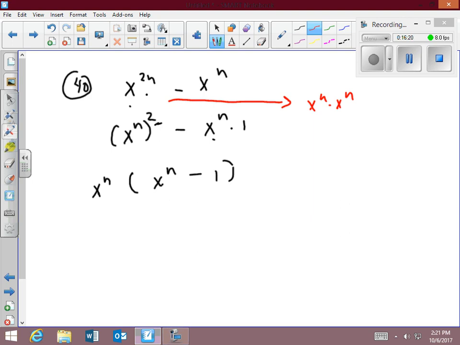That'd be x to the 2n. And then minus x to the n. I'm taking one x to the n out, and I have the other x to the n here, and I have a minus 1. You can think about that in either one of those two ways. Does that make sense?